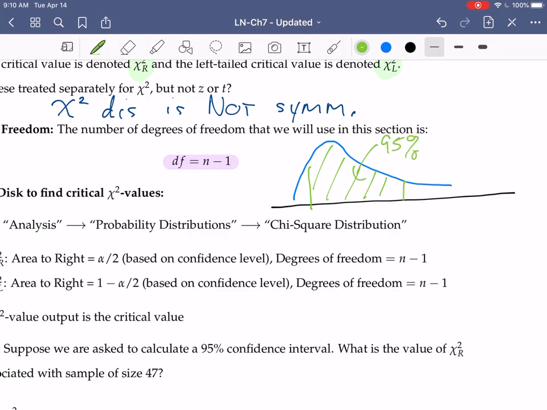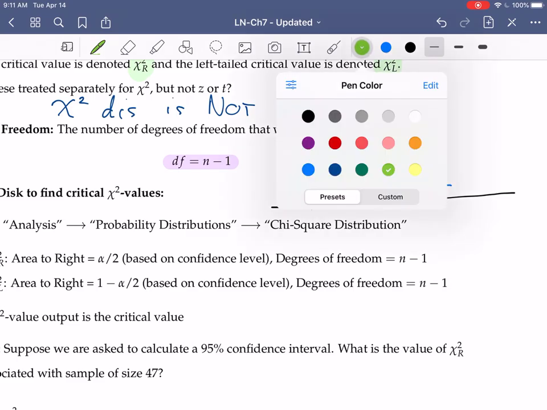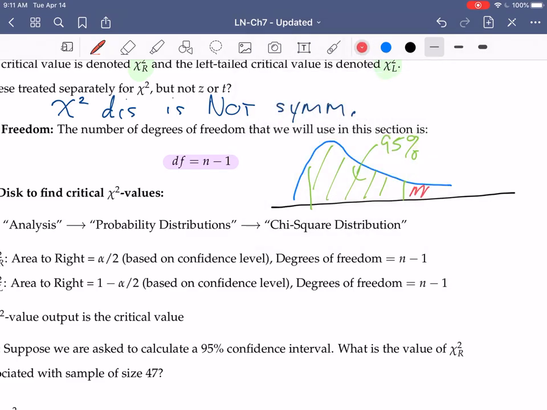So that other 5% is in the two tails. And since that other 5% is in the two tails, half of it's up here, 0.025. So half of that remaining 5% is in that upper tail, and the other half, 0.025, is in this lower tail.